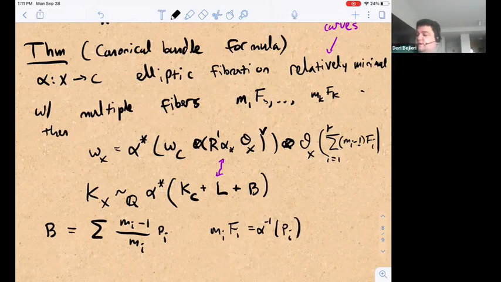So basically, here, all I did was say that m minus 1 times our multiple fiber isn't pulled back, because m times our multiple fiber is pulled back. But if I divide everything by m, then as a Q-divisor, that's pulled back, because the fiber f is the pullback of p divided by m. So I've just put in this dividing by m inside of my Q-divisor.